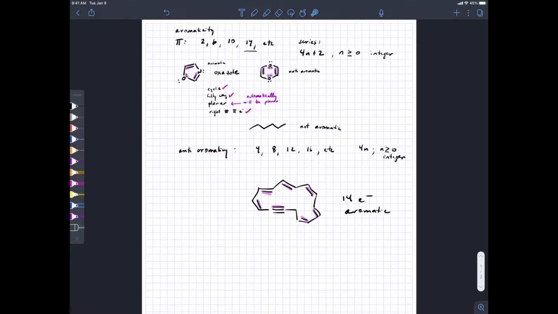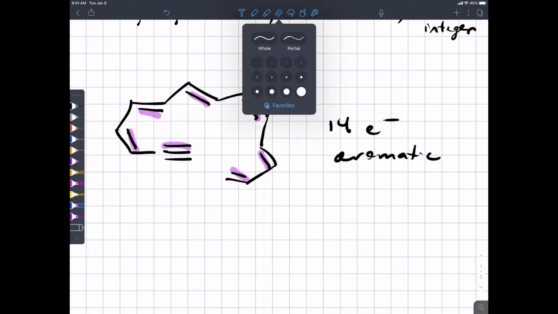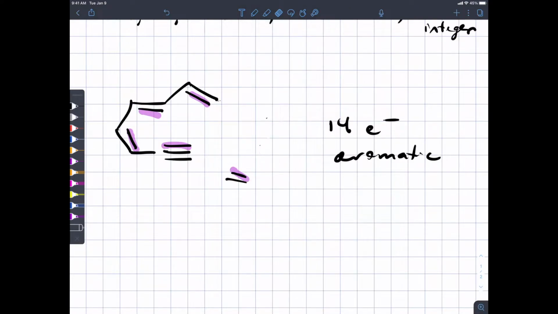Now, I don't know if this molecule exists. Sorry, I don't know what came over me. I need to redraw this because it didn't go particularly well. And now I'm having to count. This is why you don't make stuff up on the fly. 1, 2, 3, 4, 5.